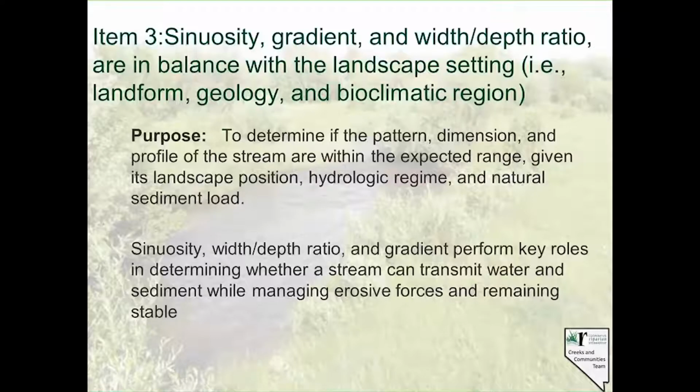And if you're outside of the range of what's stable for that type, then you risk losing the stability of the site overall. So if the vegetation's out, or as we cross a threshold, we can lead to a mass unraveling. So if something is changing the pattern, dimension, and profile of the stream, it changes the stream power, it changes the erosion and deposition, and it can really lead to sort of an unraveling of the whole site.